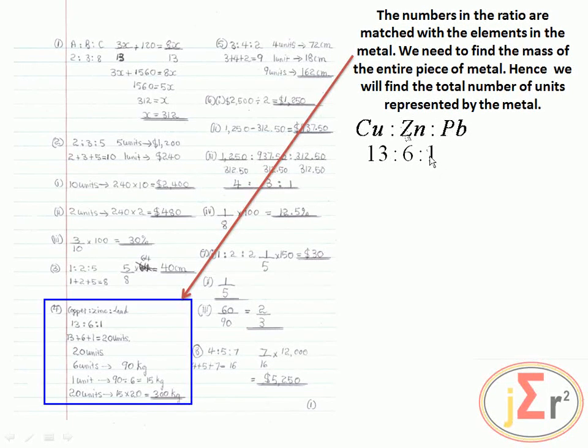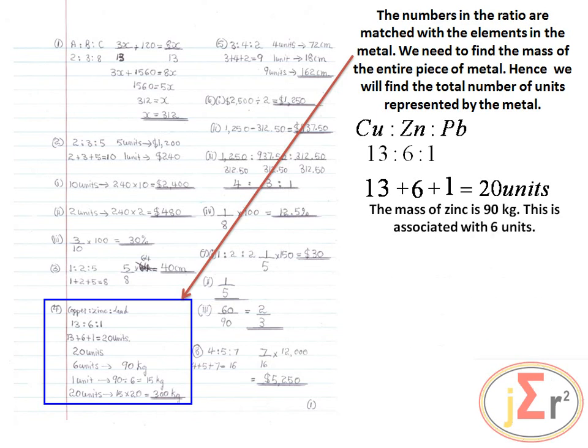So if zinc is 90 kilograms, we are sure that it is related with 6 units. So we need the entire metal. So we will find the sum of the number of units, and we have a total of 20 units. So 20 units is what we have right there.